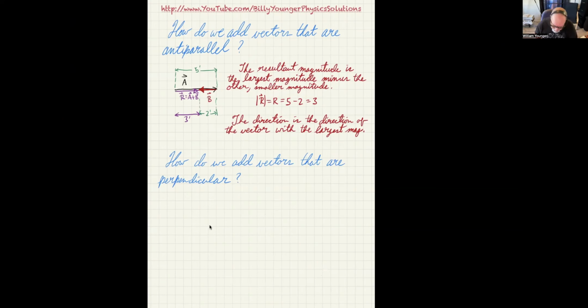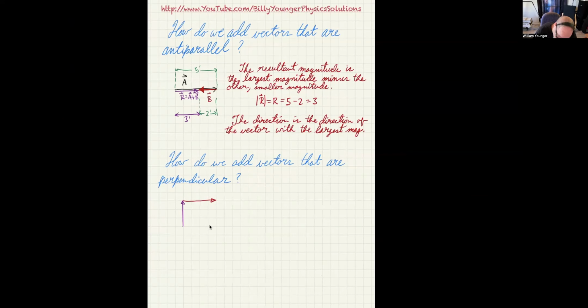Now, how do we add vectors that are perpendicular to one another? I actually showed you that in the displacement example where we walked north for some period. Let's do a similar one. Let's say I walk north 3 units, and now I walk east 4 units. 1, 2, 3, 4, like this.